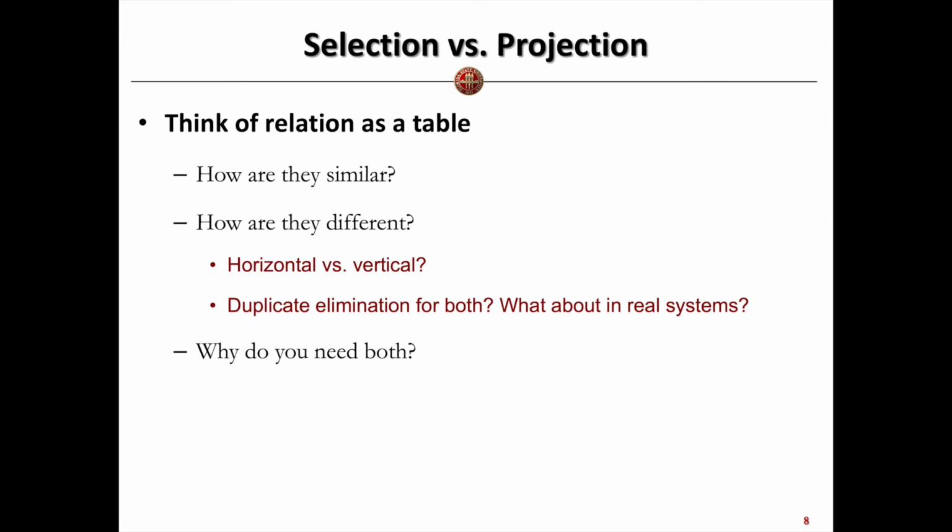For the selection, we are sure that the selection results have no duplications. In other words, duplication elimination is not necessary for the selection. However, for the projection, it will be different. By removing some attributes, we may have some duplications, and they will be eliminated automatically by the operation. So they are different. And you may also wonder why we need both.